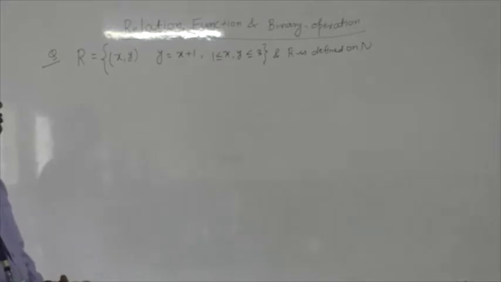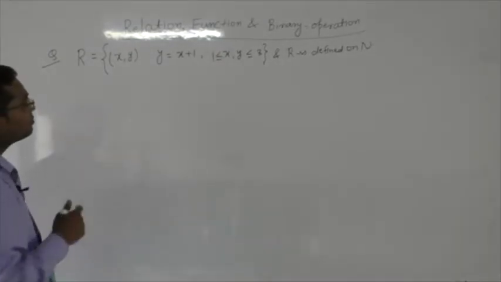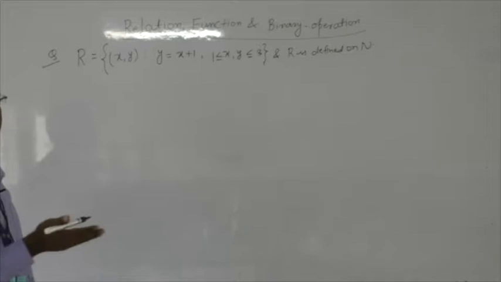Capital N means natural numbers. So here we have to find the domain and range for this relation.